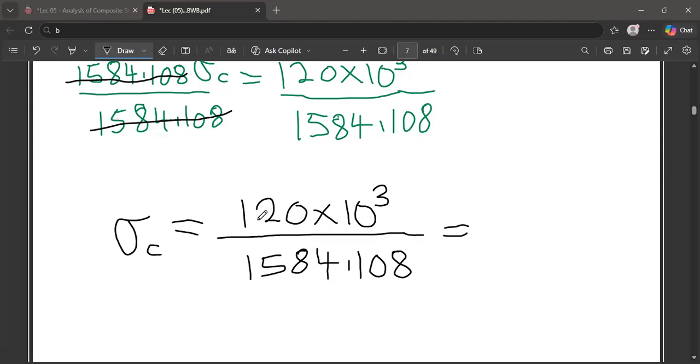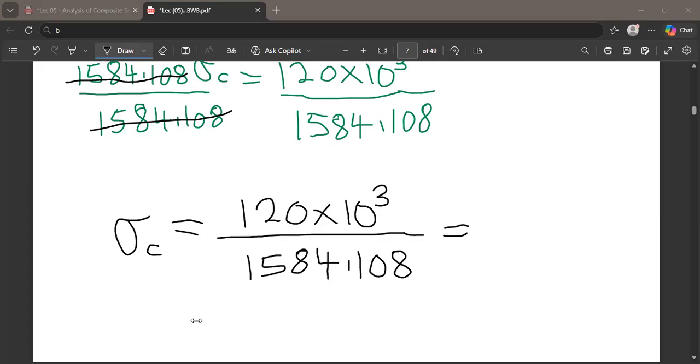So this can be written as what? 120,000, exactly. 120,000 divided by 1584.108.